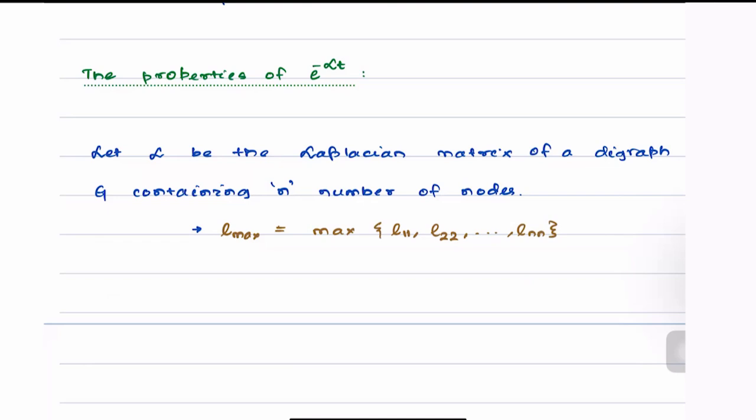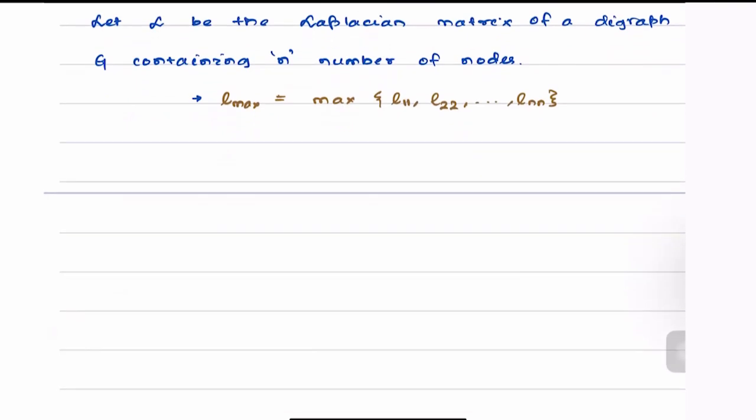Okay, with this, we are now ready to state all of the properties. Let's start with the first property. The first property says that e raised to the power minus L is a row stochastic matrix.